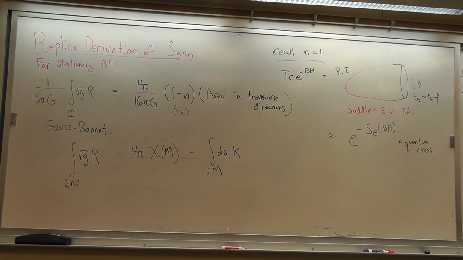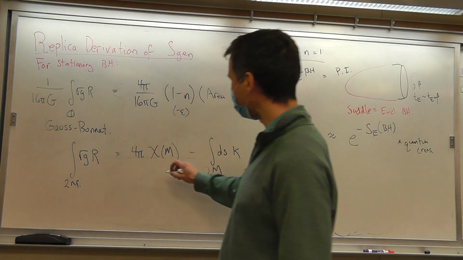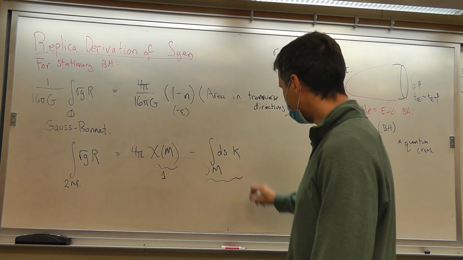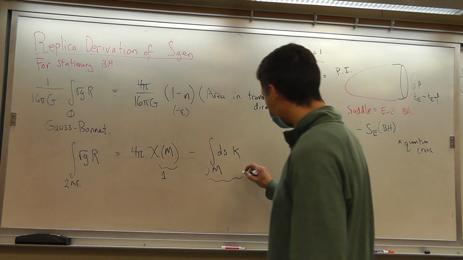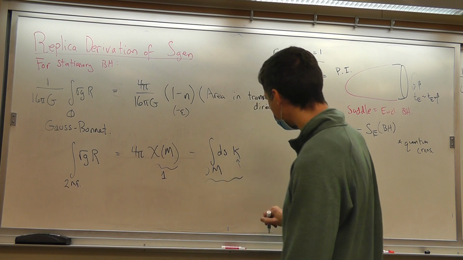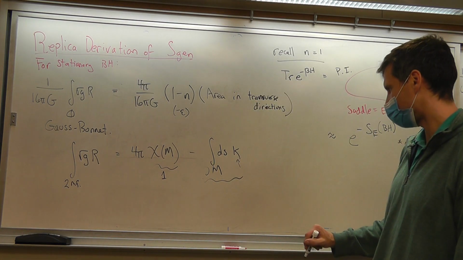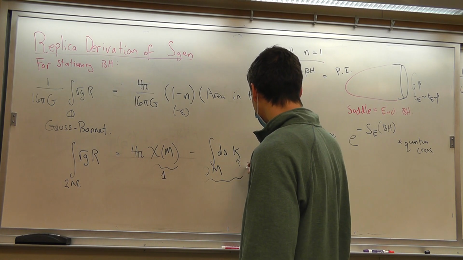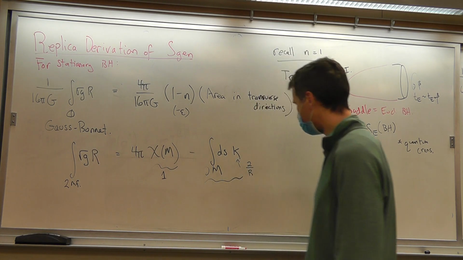We don't have to use Gauss-Bonnet. We could just write down a metric that regulates the cone, and then just do the integral. But I'm being fancy and using Gauss-Bonnet. The Euler character of a disk is 1. The extrinsic curvature of a circle is 2 over the radius.